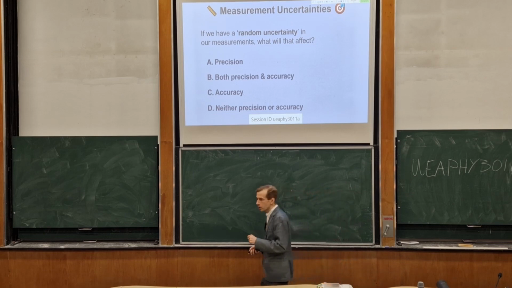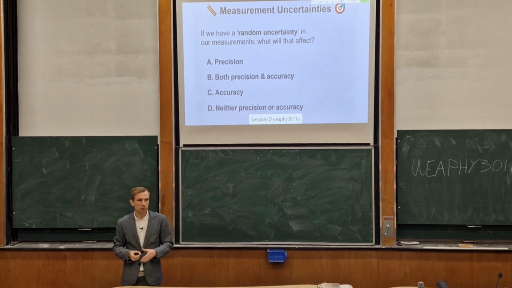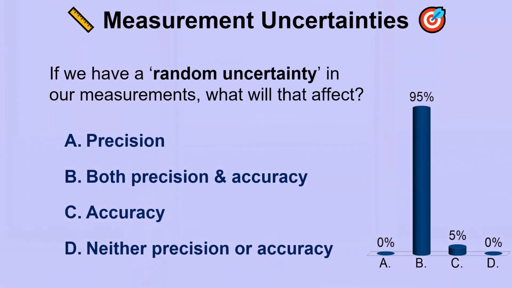So have a think about those dartboards and think, if there was more random uncertainty in there, which one is that going to affect? Again, if you're not sure, maybe check with the people around you. That's always going to be really useful, because I'm sure between all of us, we'd be able to figure all of these out every time.